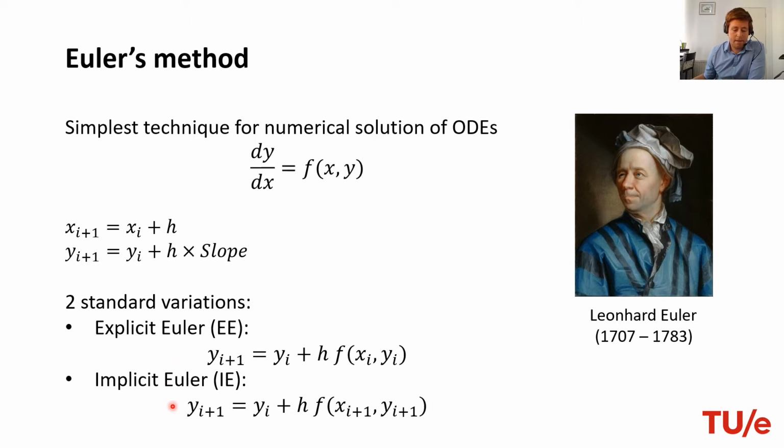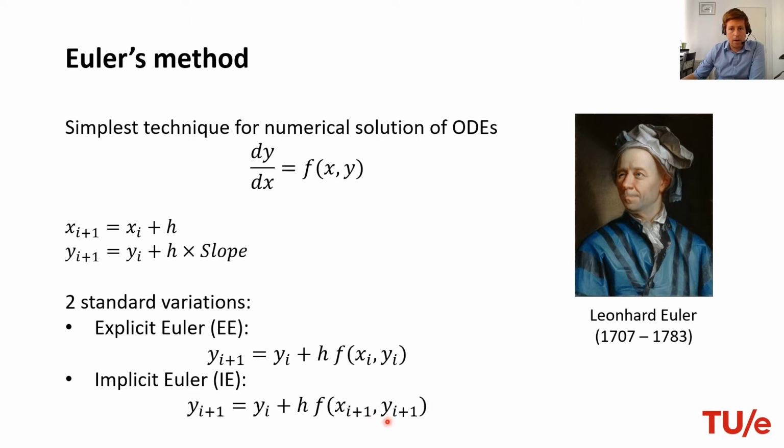There's also implicit Euler. And in implicit Euler, the difference is that this slope over here is again simply f, but evaluated at xi plus 1. And that's not really a problem because that's something we can pre-compute. This partitioning of the x-axis is something we can do beforehand. But this f is also evaluated at the numerical solution in step i plus 1.